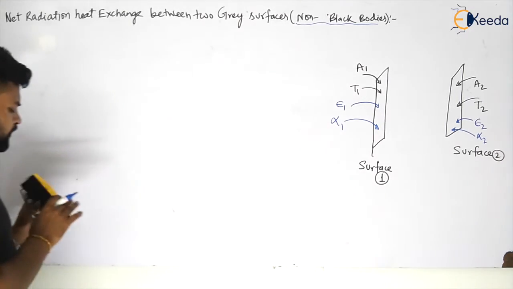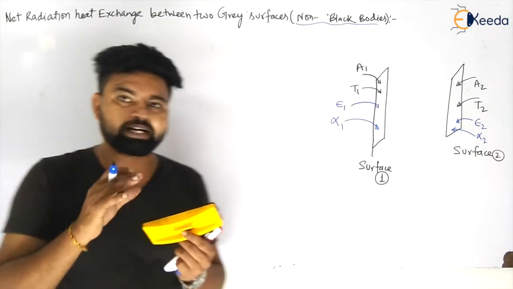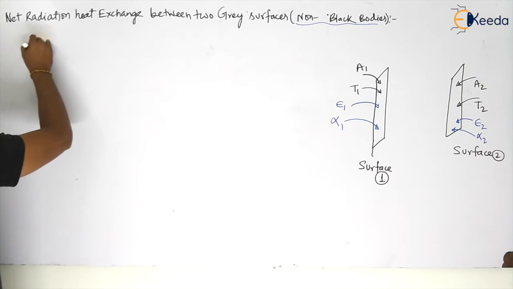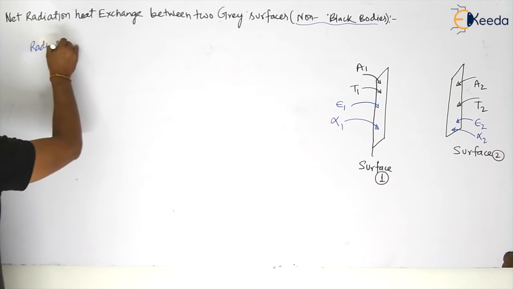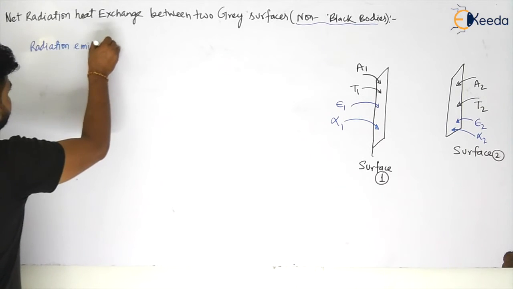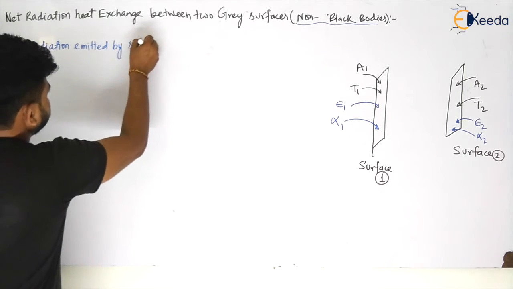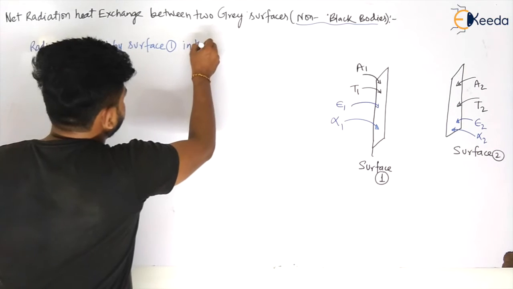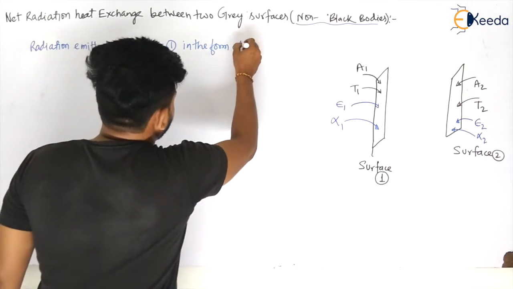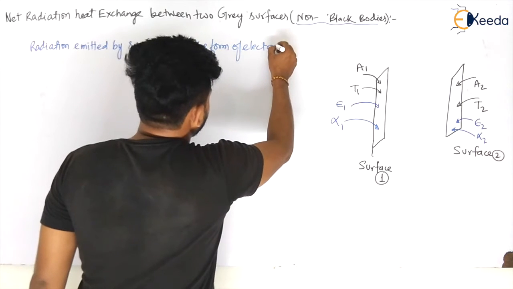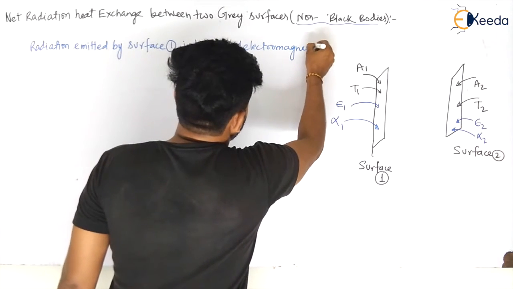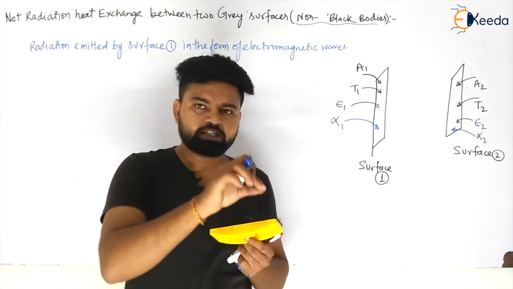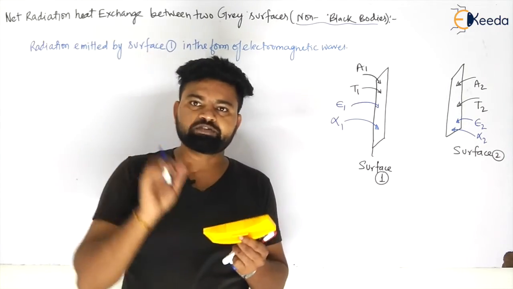So I will calculate the emissive power of this body considering it to be a black body: the radiation emitted by surface 1 in the form of electromagnetic waves, my dear students, because there will be emission of electromagnetic waves in all directions.